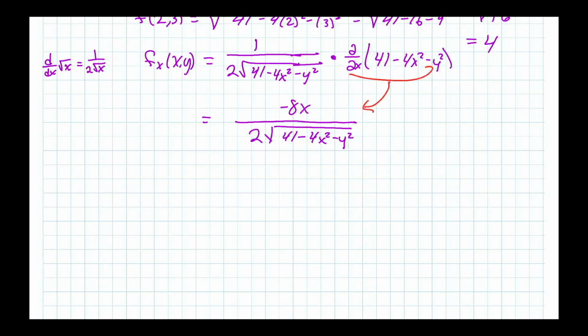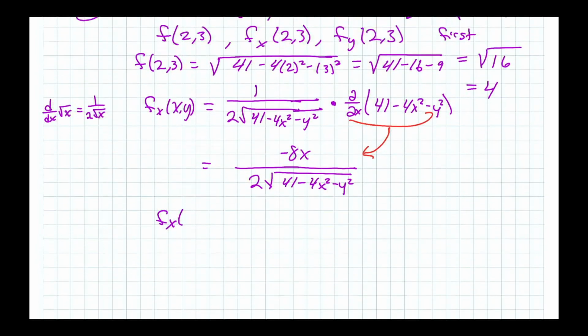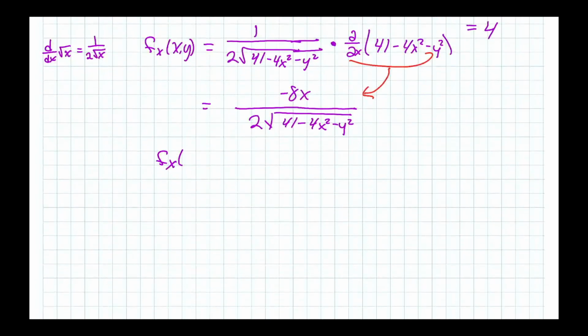Okay. Now from there, we need this evaluated at 2 comma 3. So we plug that into this function. We have negative 8 times 2 over 2 square root 41 minus 4 times 2 squared minus 3 squared.